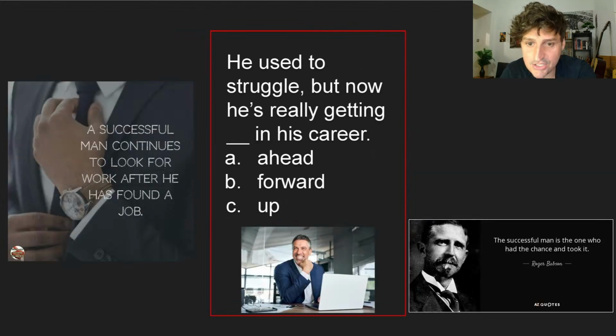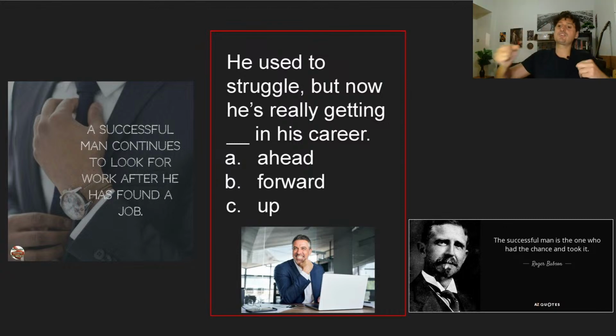So this guy, he used to struggle, right? He used to have problems, but now he's really getting ahead in his career, getting forward in his career, or getting up in his career, meaning he's advancing. He is becoming successful.